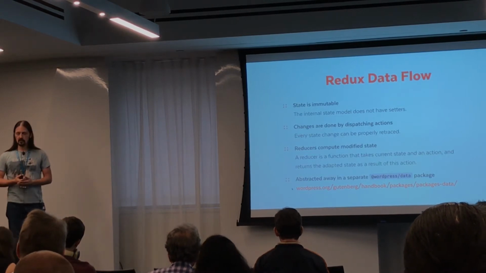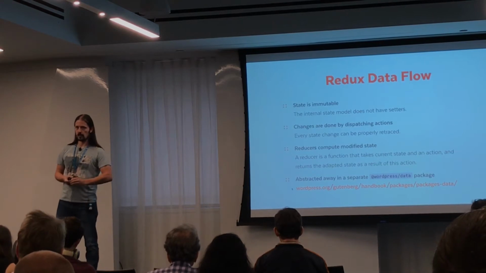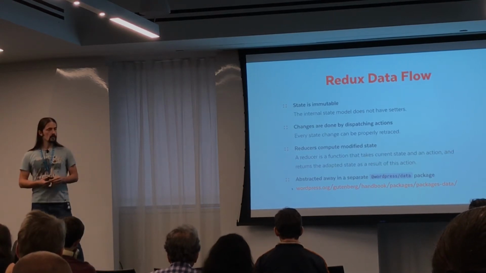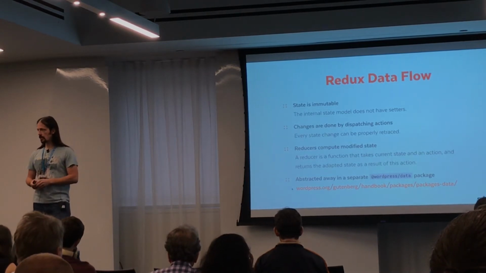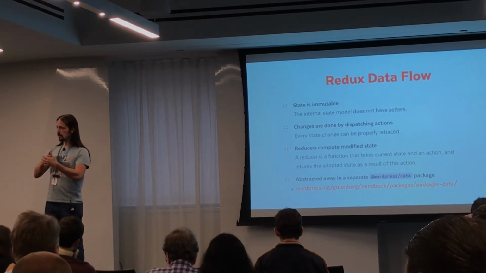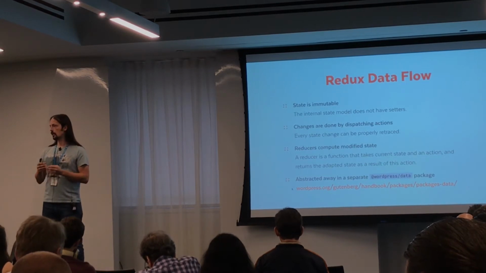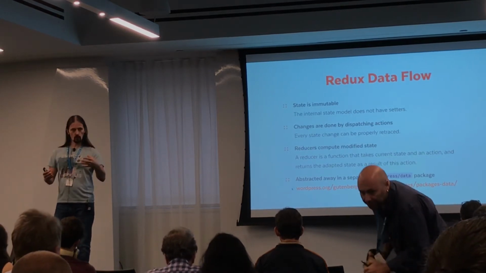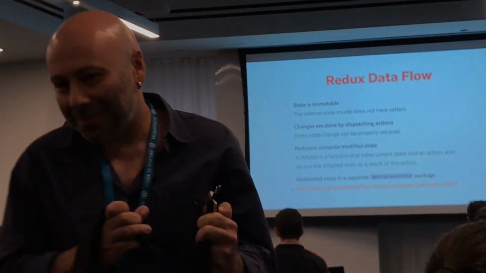The Redux data flow that is used for Gutenberg is extended. There's an abstracted component called @WordPress/data. This package basically uses this Redux flow and adds a few additional modularization features so that you can easily reuse it across core and plugins and themes as well.